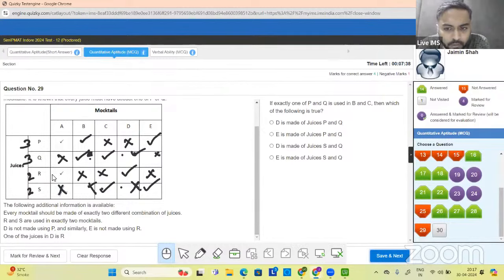D is made with juice P and Q. No. E is made of the juice P and Q.